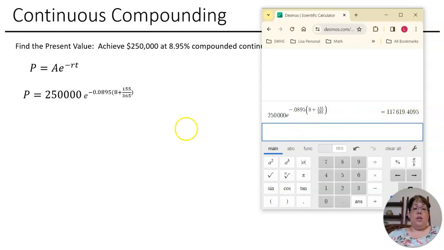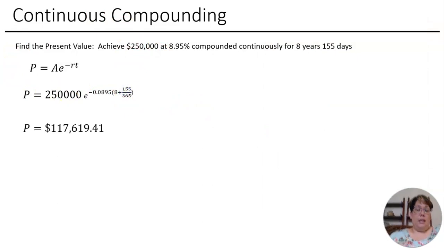Okay, so again, all you would have to do is just type that. That's your answer, 117,619.41. If you want to go through this and simplify this a little bit, you could.